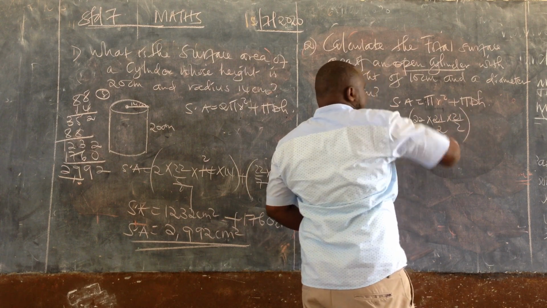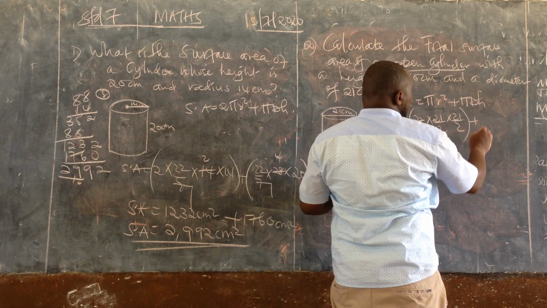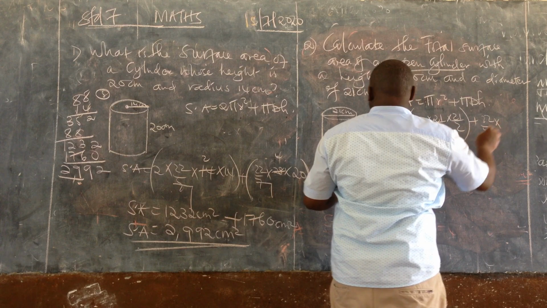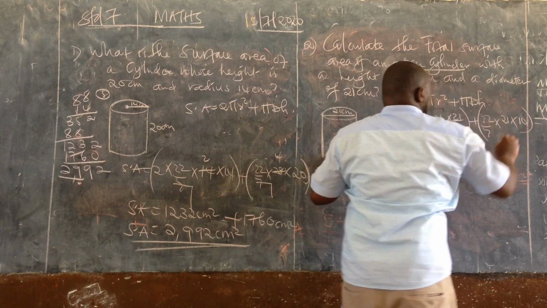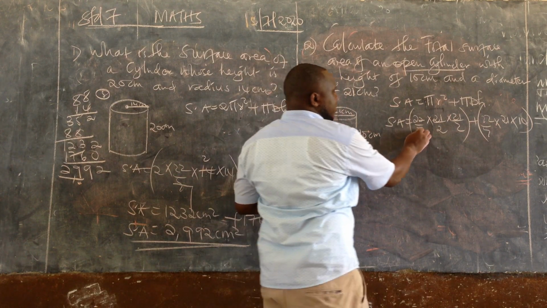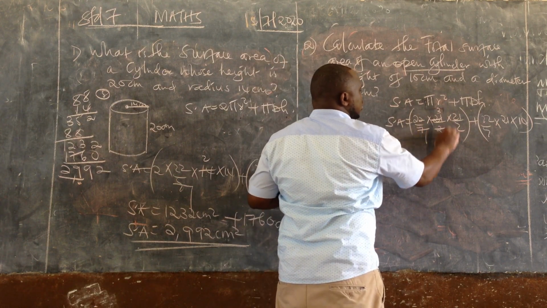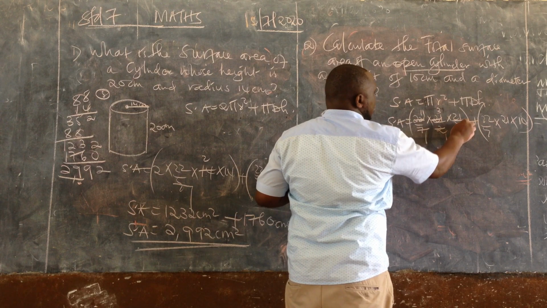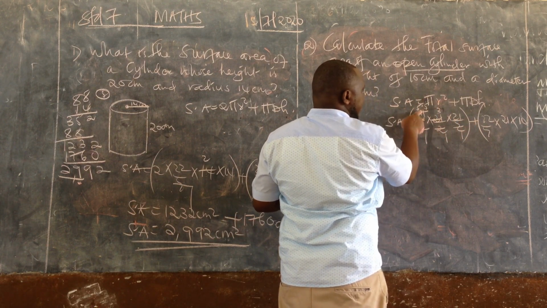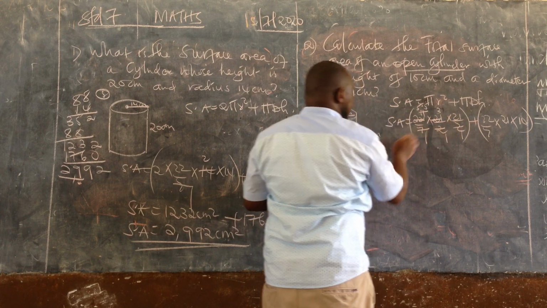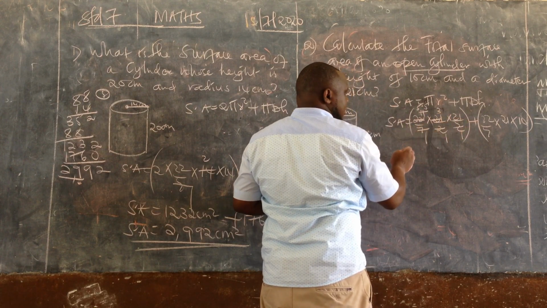Then I close that, plus 22 over 7, the diameter is going to be 21, and the height is going to be 10. I close that again. So we simplify: 5.5 times 3 times 21. 21 times 3 is 63.